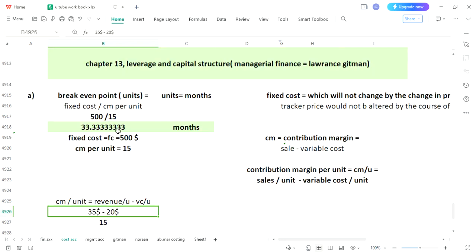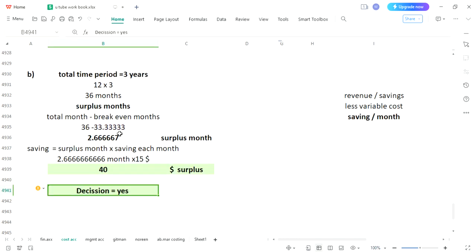So first answer, 33 are the break-even months at which his cost would be recovered. B point was how much he will save in 3 years. We have calculated accordingly. In 33.33 months, it would be a break-even point, but he is using this car for 36 months, 2.66 extra months he will drive. And for these 2.66 months, he will get $40 extra saving.